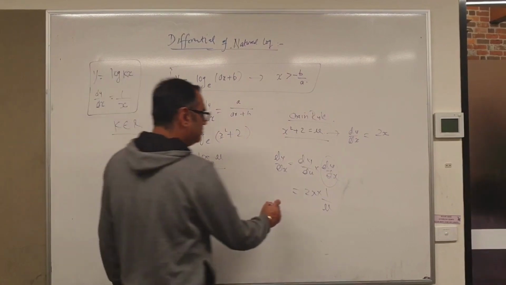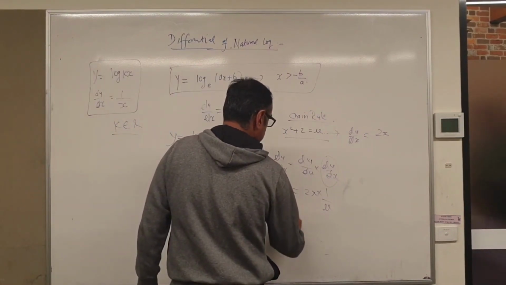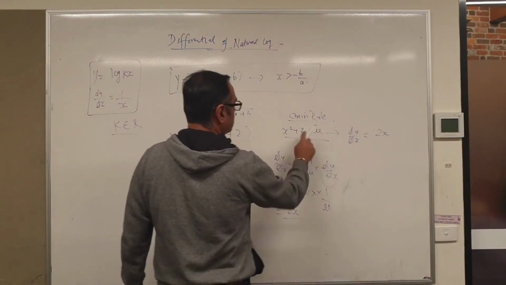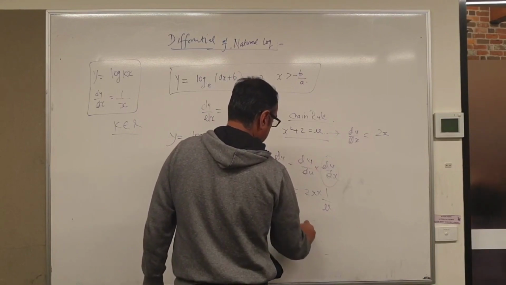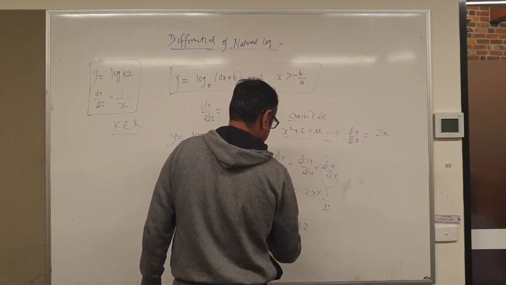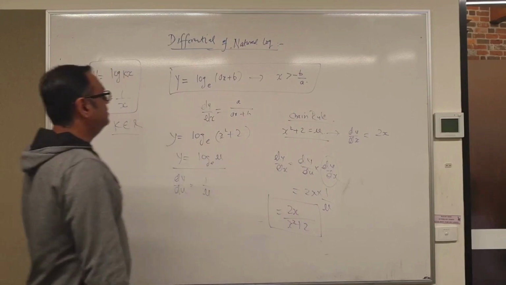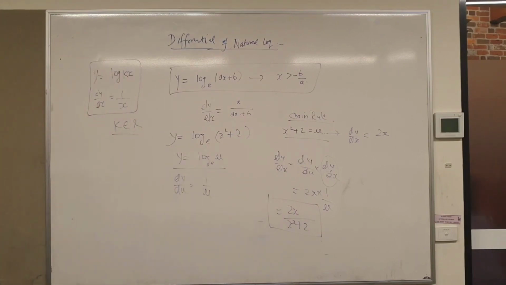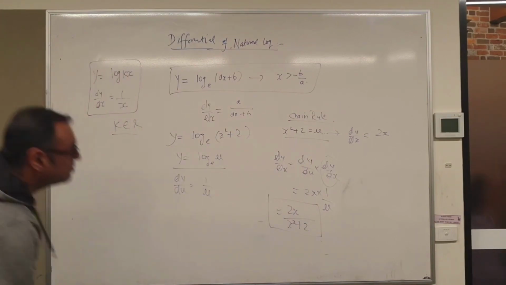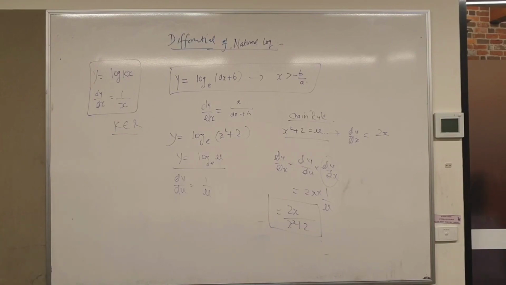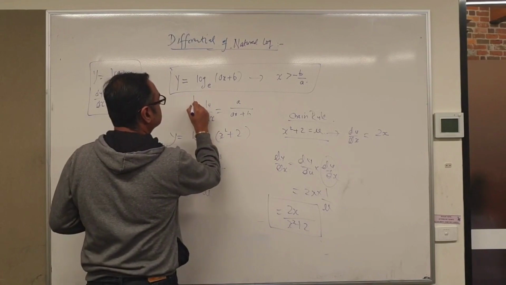And what is u? u was x square plus 2. So the answer is 2x over x square plus 2. That's the answer. Got it?